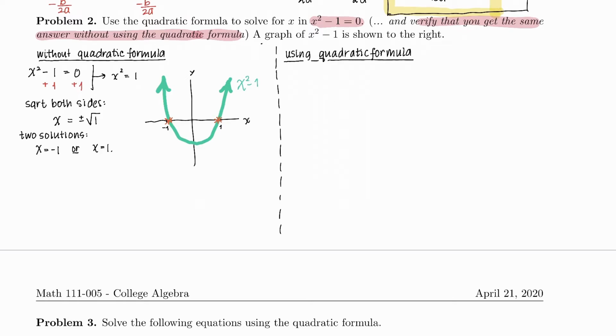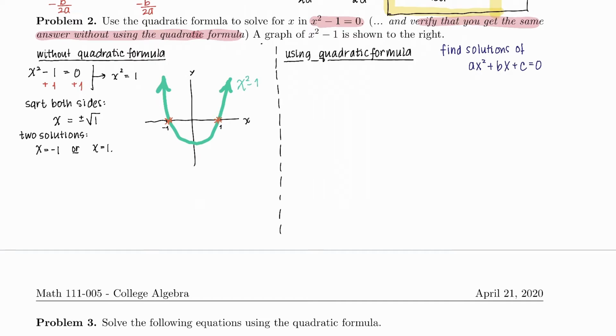Let's remember that the quadratic formula is used to find solutions of ax squared plus bx plus c is equal to 0.